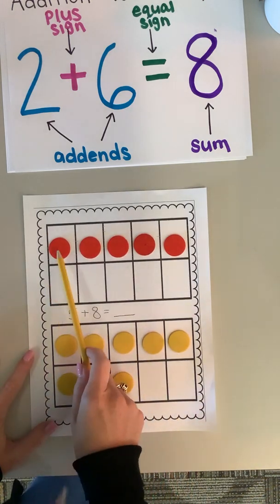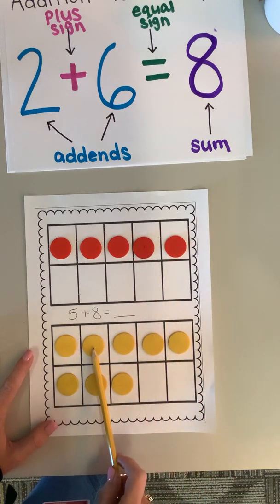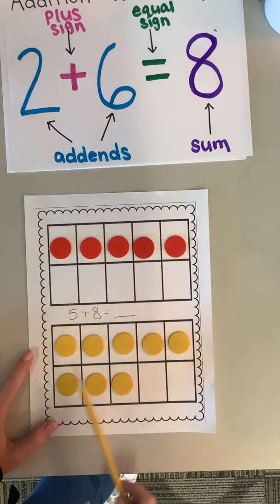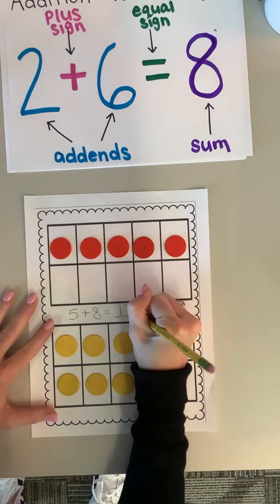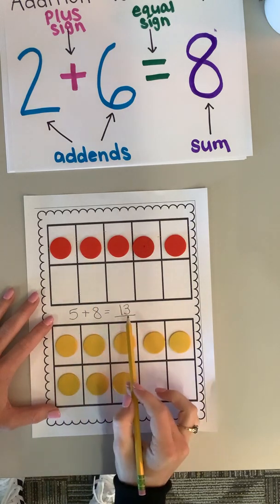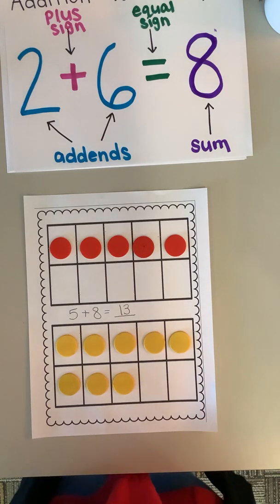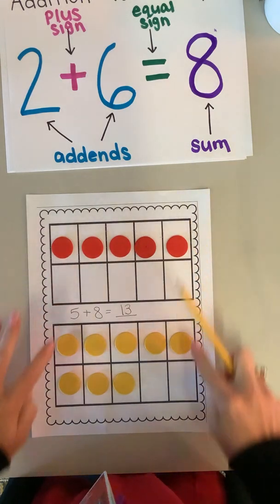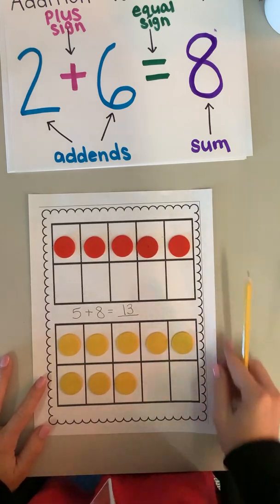Watch me. 1, 2, 3, 4, 5, 6, 7, 8, 9, 10, 11, 12, 13. 5 plus 8 equals 13. Today we are going to be using our math tools and our tens frames to solve addition action problems.